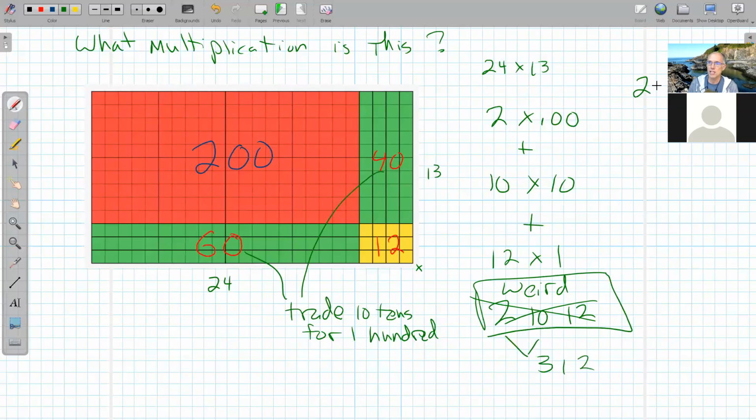If we break this down to our expanded algorithm, I'll write this in a couple of different ways. 3 times 4 is 12, and we just write the 12. And then usually we do the 3 times 2, but that's not really a 2 there. That's really a 20 because it's in the tens position. 3 groups of 20 is 60. And hey, there's my 60 right there.